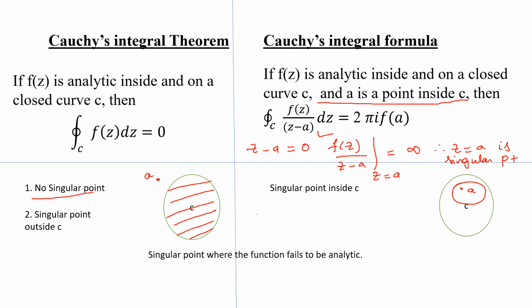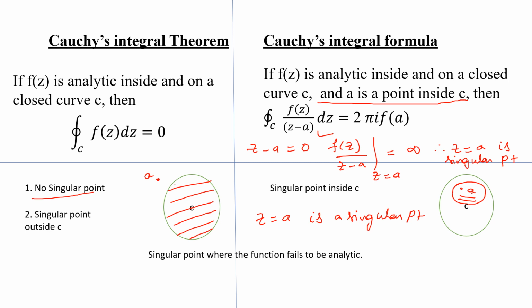So z is equal to a is a singular point here, and this singular point lies inside C. So in such cases, we use Cauchy's integral formula, where the singular point lies inside a curve.